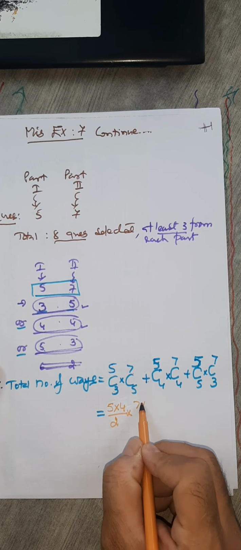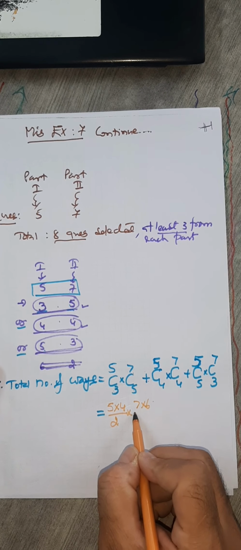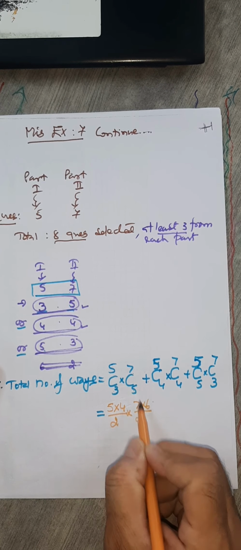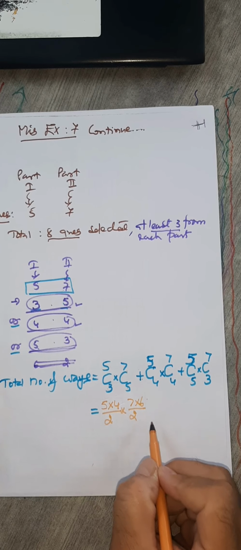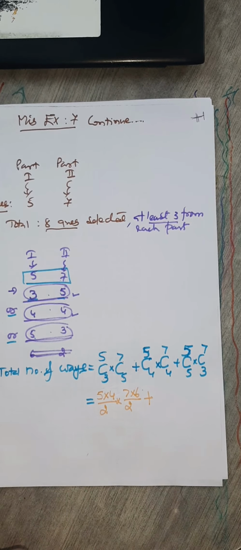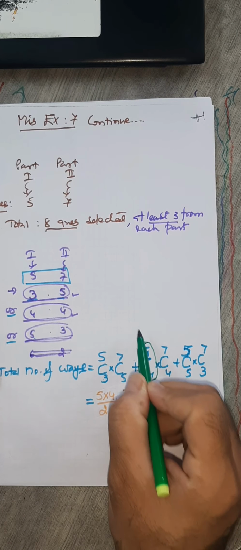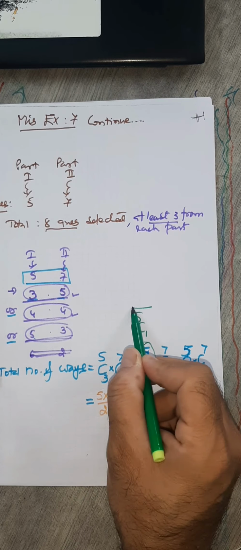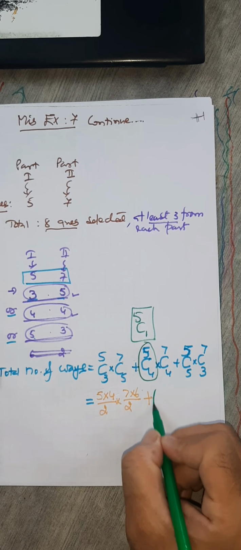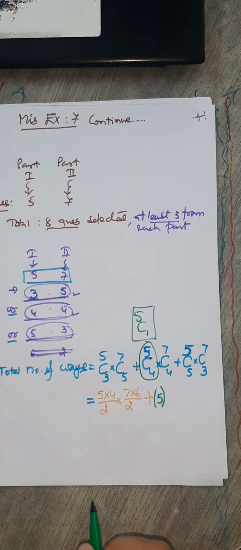That is 7 into 6 into 5 factorial. That will get cancelled with this, upon 2 factorial, which is 2. Plus, what is 5C4? You know 5C4 is the same as 5C1. If you recall, this is the same as 5C1. And NC1 is always N. So this is 5. Fine.